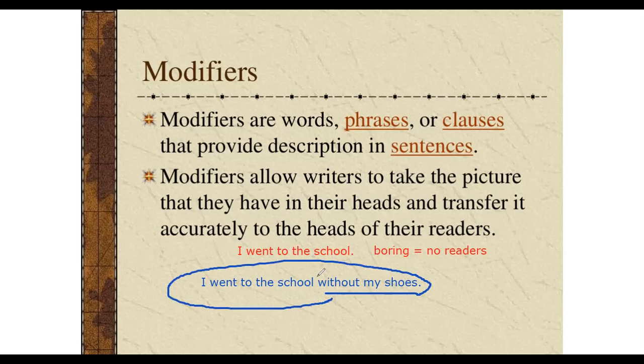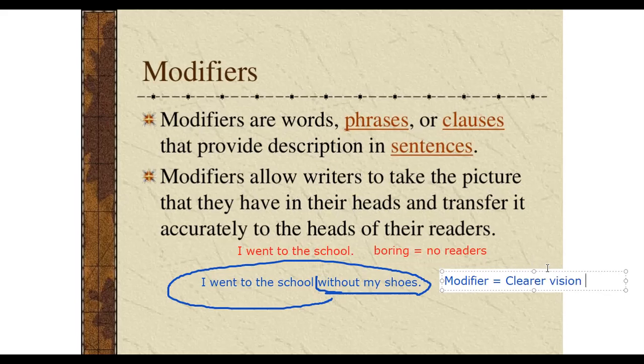This small phrase that I add right here, I call it in English a modifier. So what does modifier mean? They are words or phrases or clauses. What does phrase or clause mean? It means small sentences. They give you more information to make the vision clearer in your head.